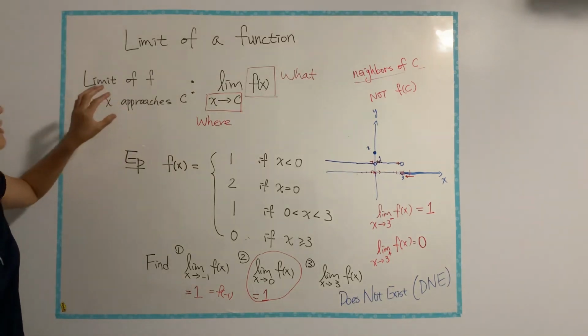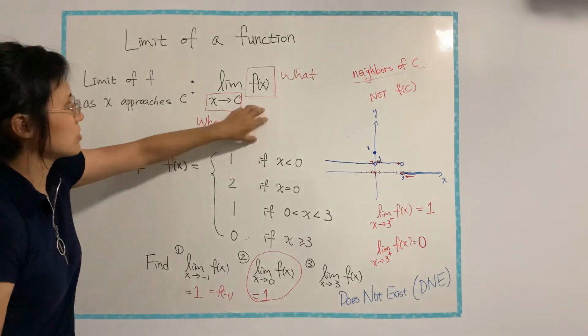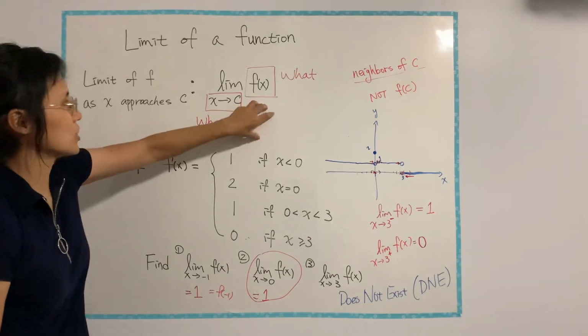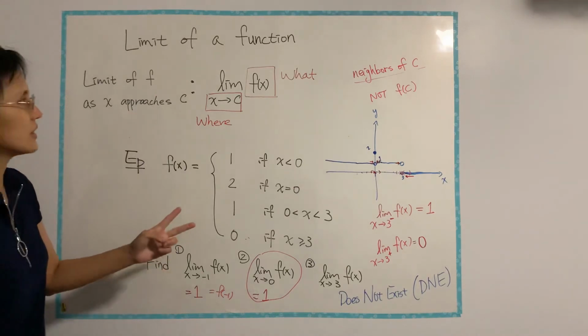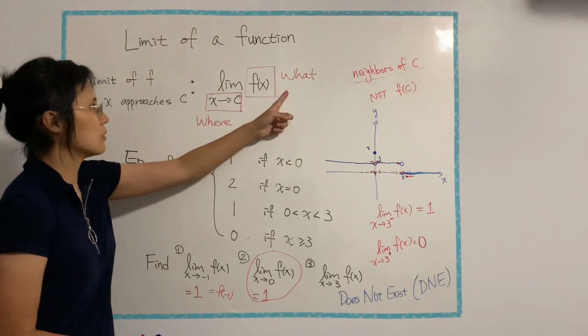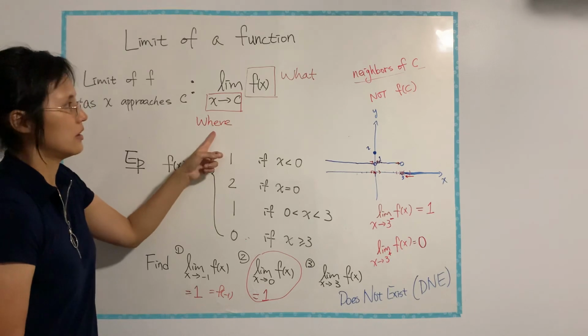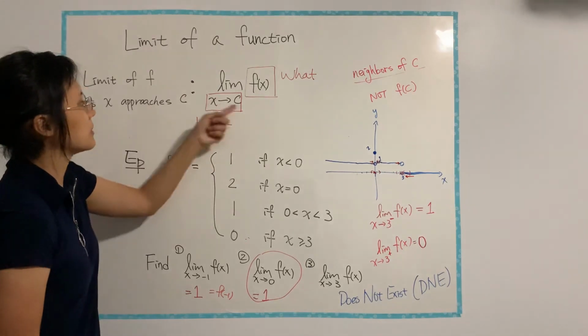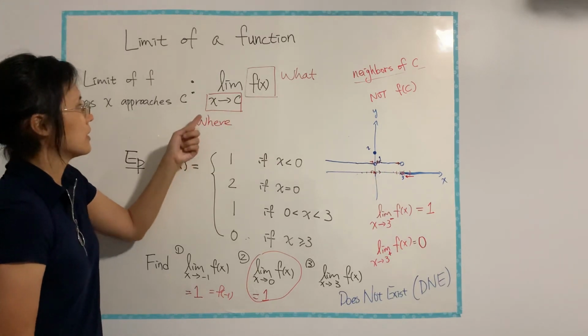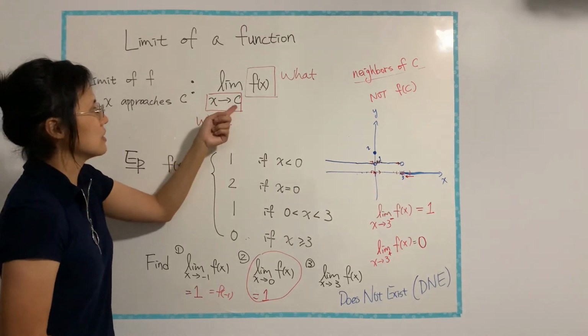And when we compute, or when we try to write the limit of a function, we must always include the two ingredients, that is the what and the where. Even though I say where, I actually just mean when x is approaching c.